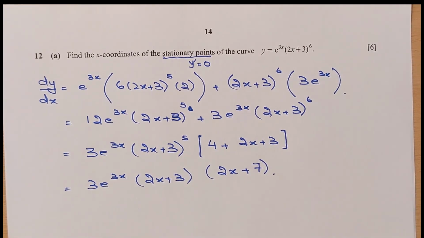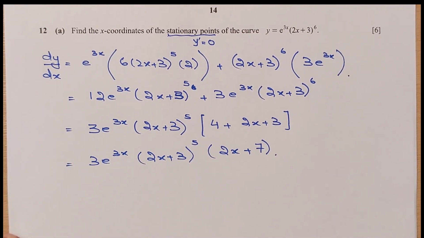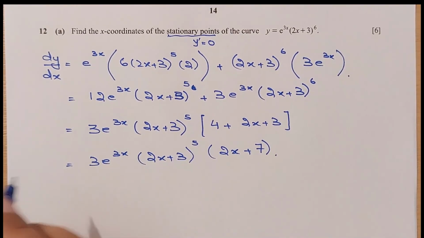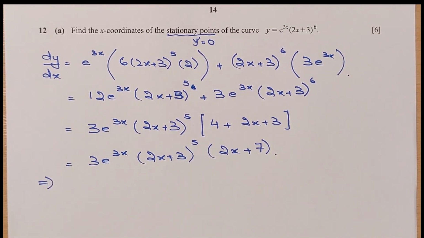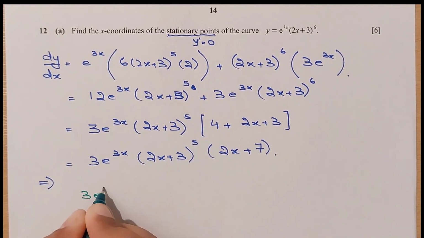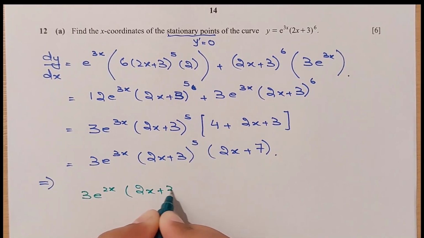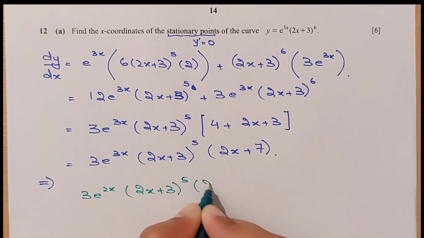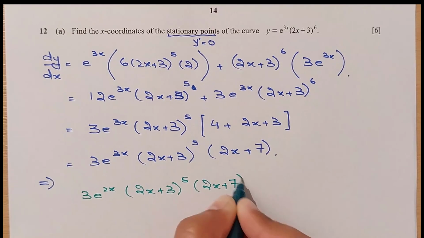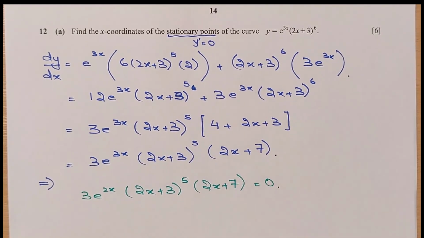Now let me find the stationary points. We have power 5 here, sorry. Now let me substitute the derivative equal to 0 to get the stationary points. So for the stationary points we can say 3 e power 3x, (2x plus 3) exponent 5 into (2x plus 7) equals 0, right?